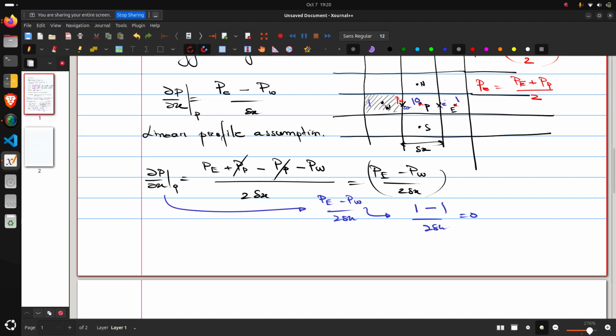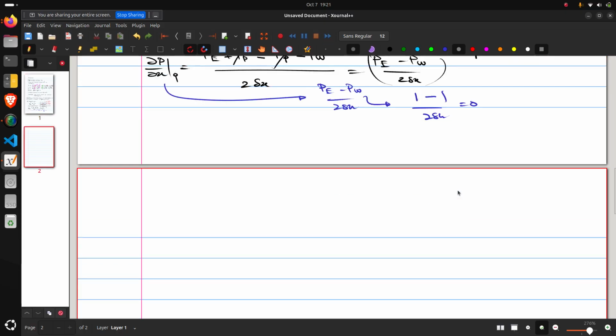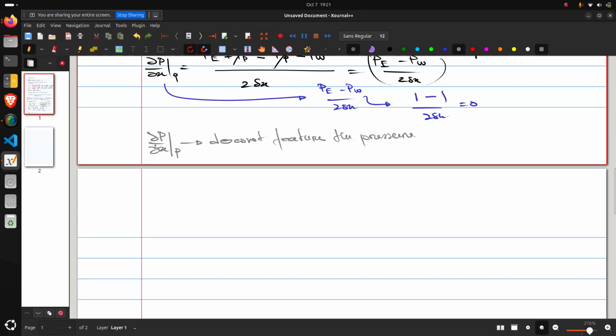For example, let me just draw it. If every alternate value is the same, this will lead to a uniform pressure gradient, which is not actually the case. So why does this happen? This happens because the gradient of pressure at point P does not feature the pressure at point P. You can see that.